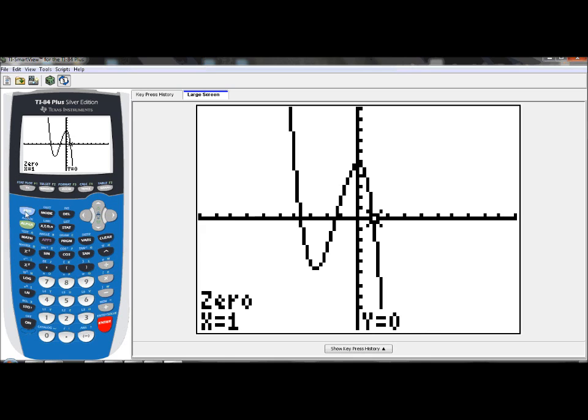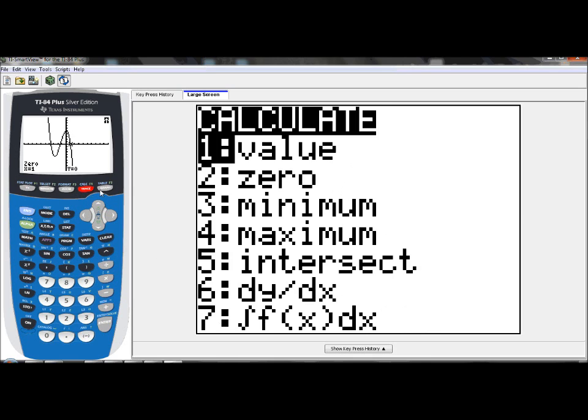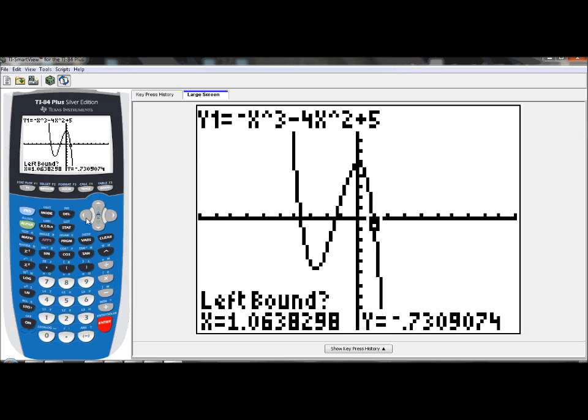So let's start with our relative minimum. Second calc, we want to find a minimum value, option 3. Again, it's this left bound concept. So you go over, here's my minimum. I want to mark to the left of that minimum. So, I'm to the left of that minimum value, so I can mark a point.